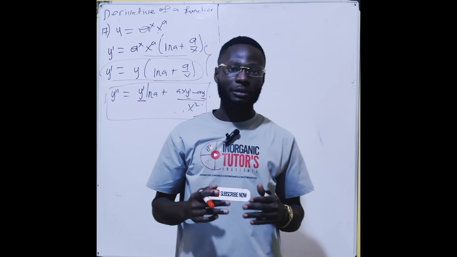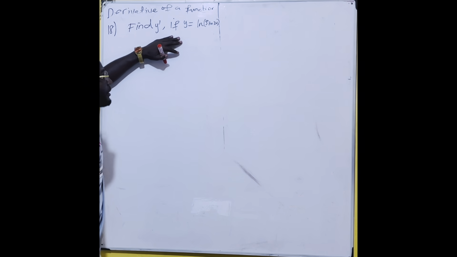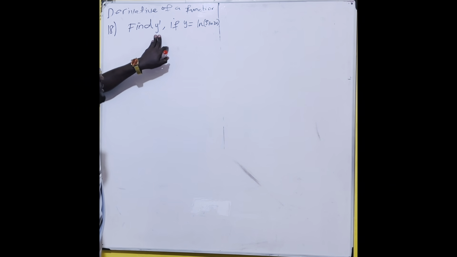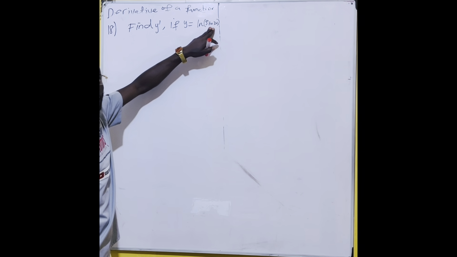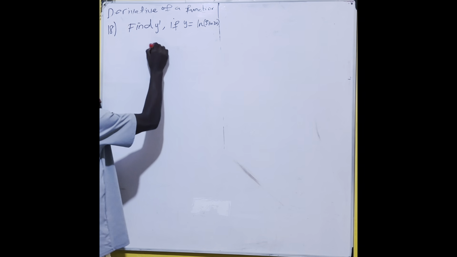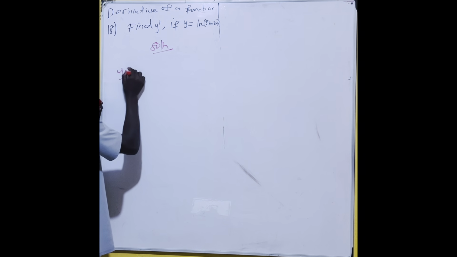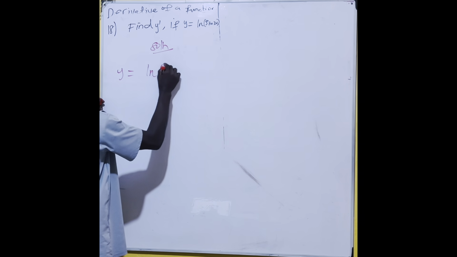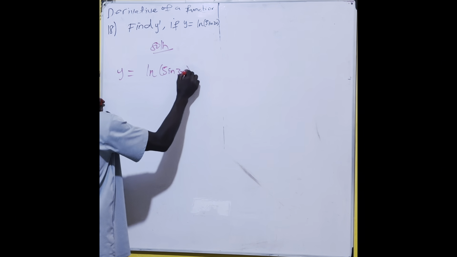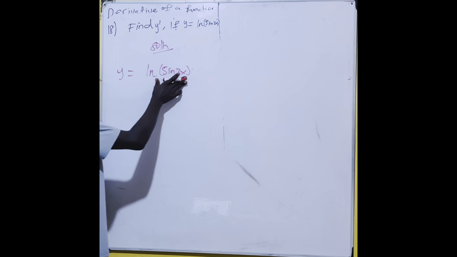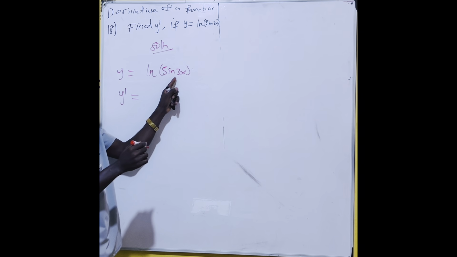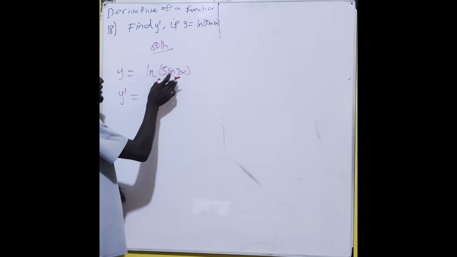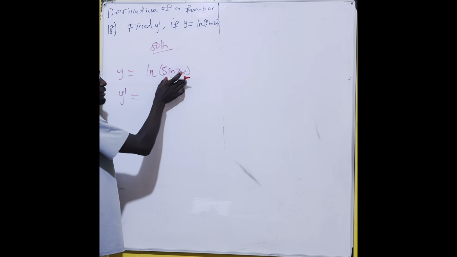Let's move on to question number 18. So with question number 18, we want to find the first derivative of y equals ln of sine 3x, right? So we are going to apply the chain rule. So we're going to have y prime equals, the chain rule says that differentiate the function, the function inside, okay?